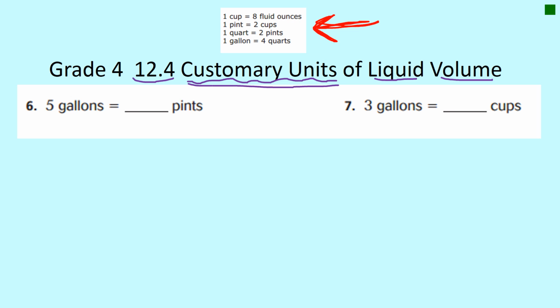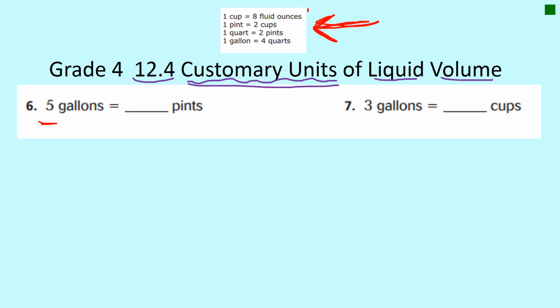So we are going to do number 6 and 7, starting with those two. And number 6, the directions again just say complete. So we shall complete these. Okay. Number 6, 5 gallons equals blank pints. Okay, so I need to know how many pints are in 1 gallon, so I know how many pints are in 5 gallons.